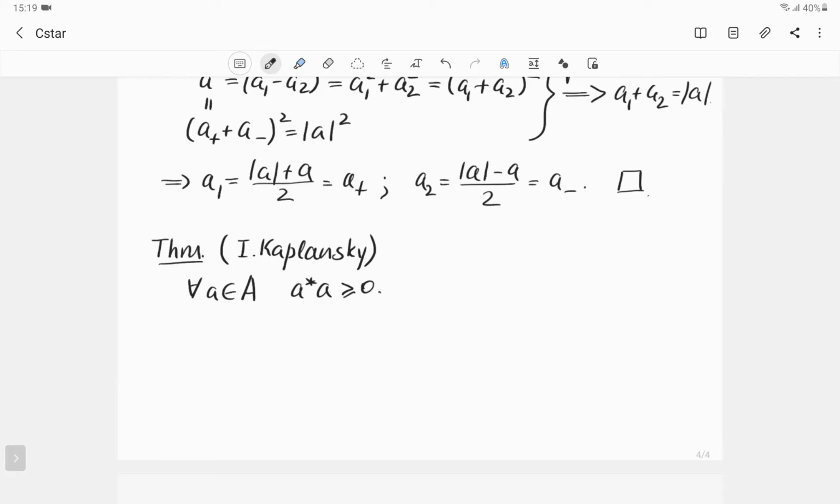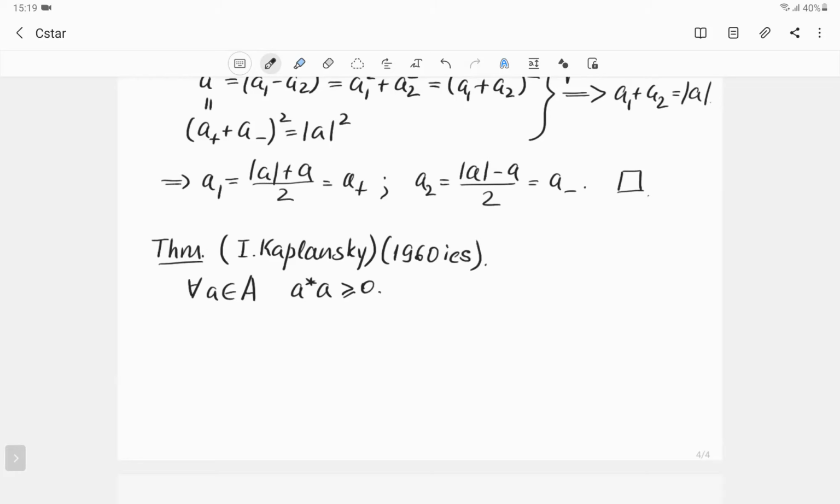And the fact that this axiom can be proved, can be deduced from other C-star algebra axioms, was proved only by Kaplansky in the 1960s. That is about 20 years after the introduction of C-star algebras by Gelfand and Naimark.